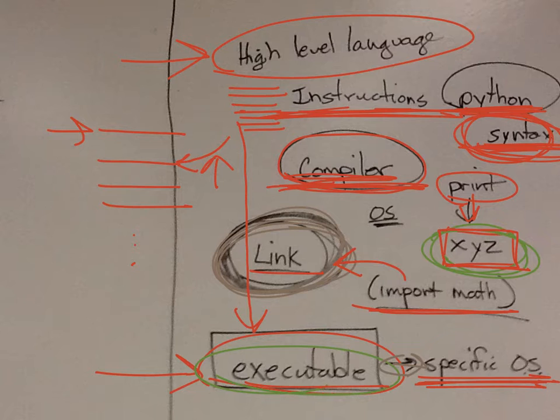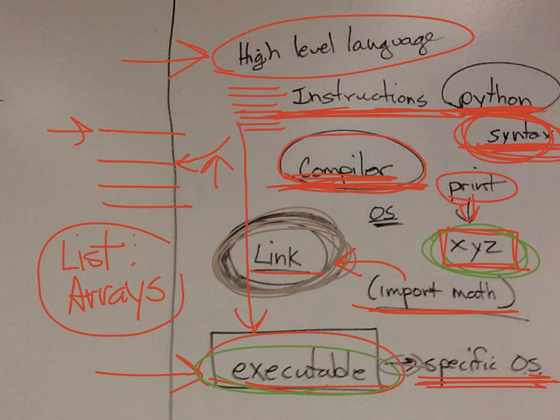Well, that's it for today. On Monday, we're going to talk about lists and arrays. I'm going to talk about those in class on Monday. So you really need to have your work, your assignments caught up.